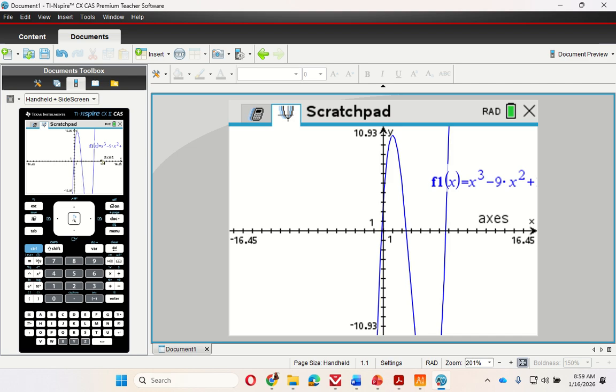At positive 1, that is a maximum because it's changing from a positive slope to a negative slope, right? Local maximum there. Over here, at 5, the slope is going down all the way to 5, and then it changes to go back up.